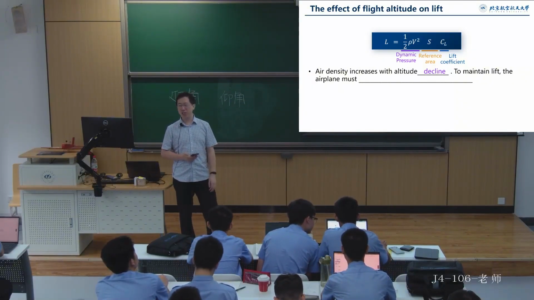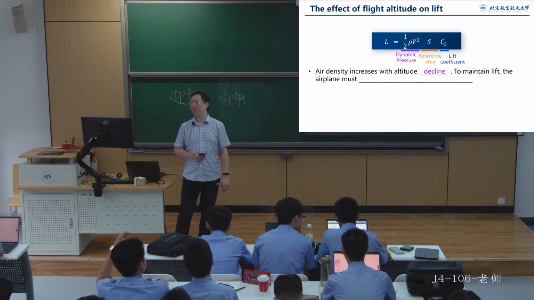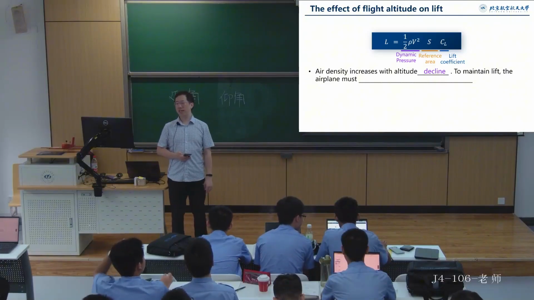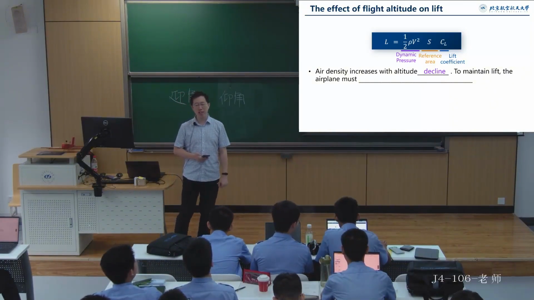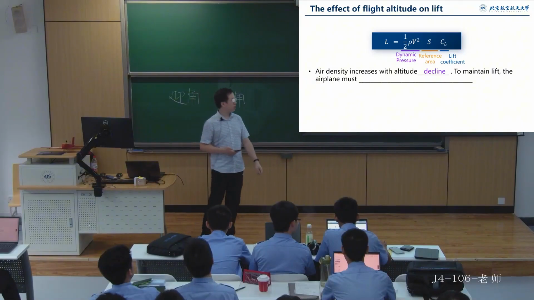We should be able to choose to increase the lift coefficient of the aircraft. So how exactly do we do that? Correspondingly, if we want to increase the lift coefficient, we should pull back on the control stick, which increases the aircraft's lift coefficient.